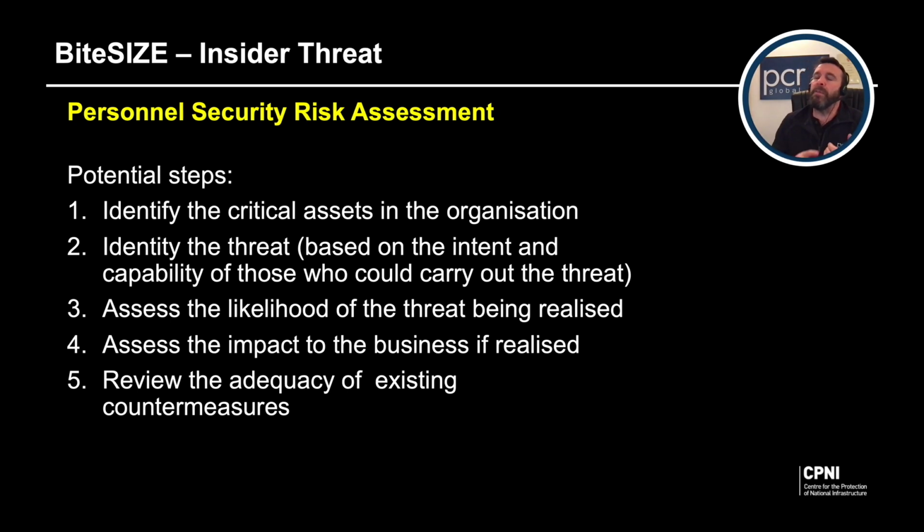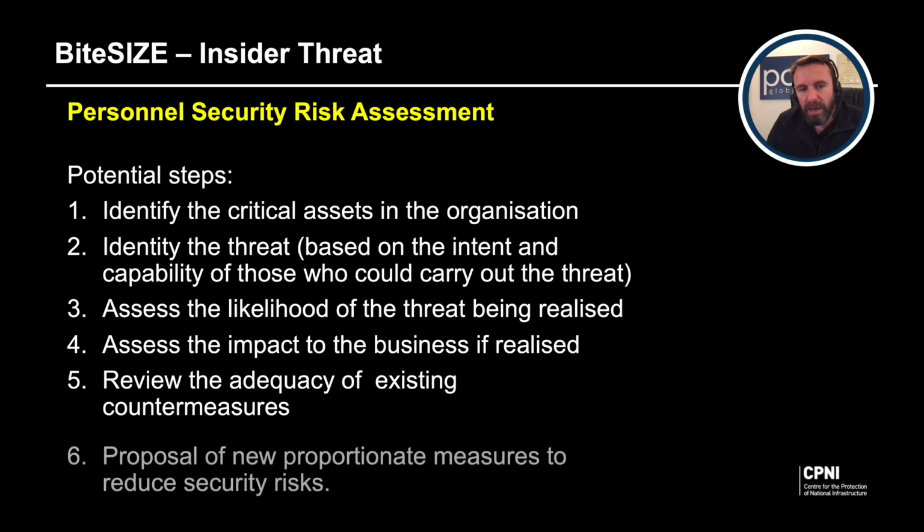So we're looking at the probability of attack, we're looking at the probability of identifying it, of being notified, so the probability of detection, and then we're looking at the probability of neutralisation as well. Can we neutralise that threat? That all gives us that end result threat picture. We've built it all up. Now we can review the adequacy of our existing countermeasures.